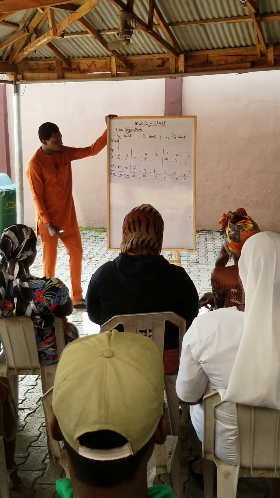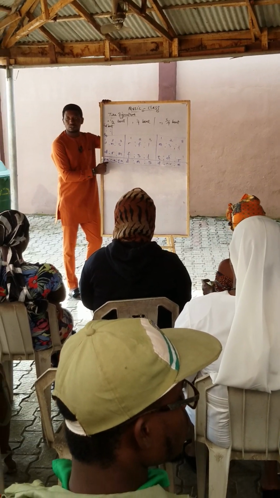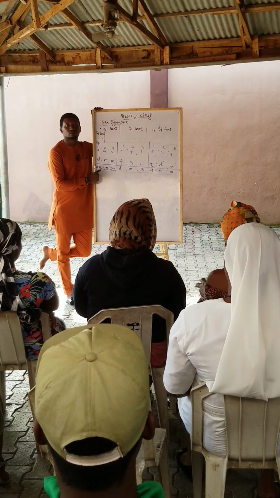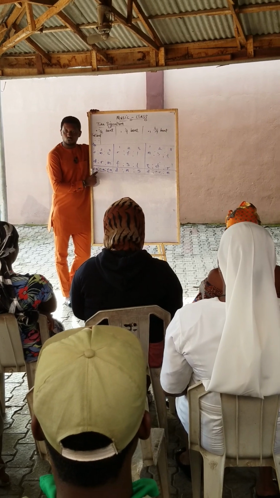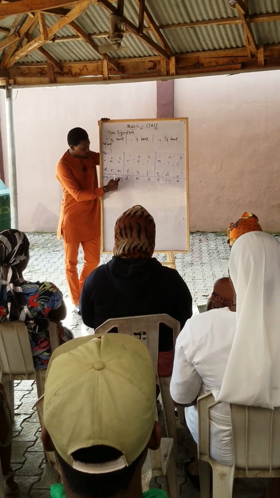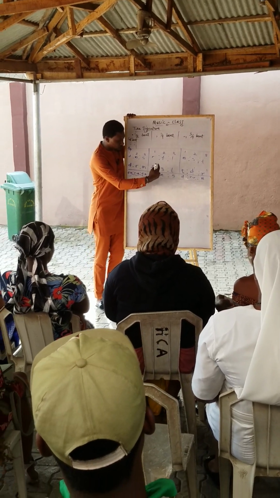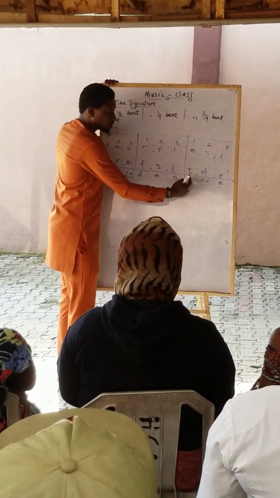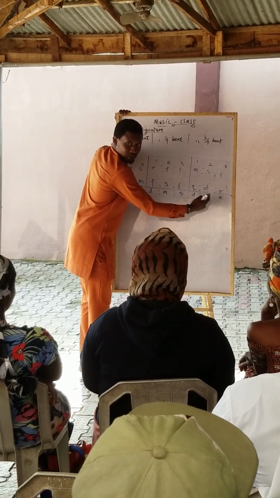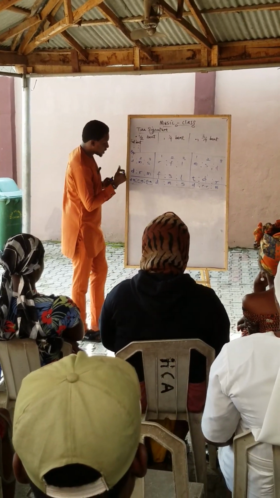So if I'm taking this as 1, 2, 3, 1, 2, 3, 1, 2, 3 beats, I'll sing this as 1, 1, 2, 2, 3, 3, 1, 2, 3, 1, 2, 2, 3.